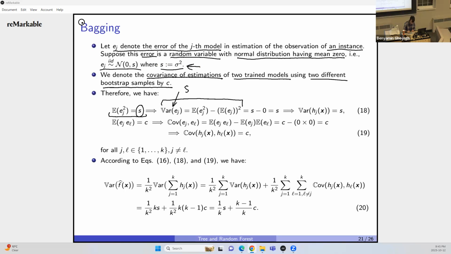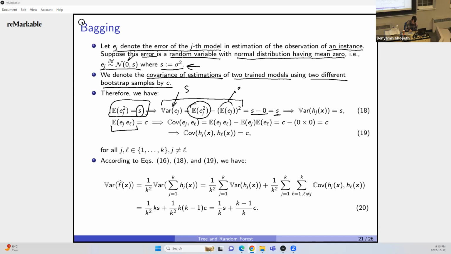What is the expectation of Ej? According to this, it's 0. So it's S minus 0, which is S. As a result, the expectation of Ej squared is S. Did you get it?